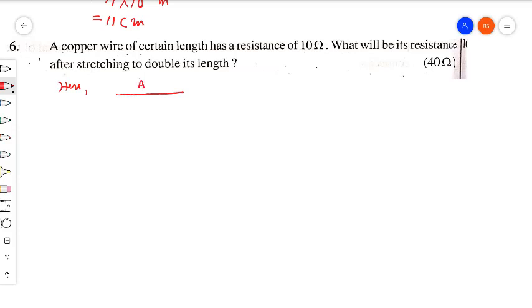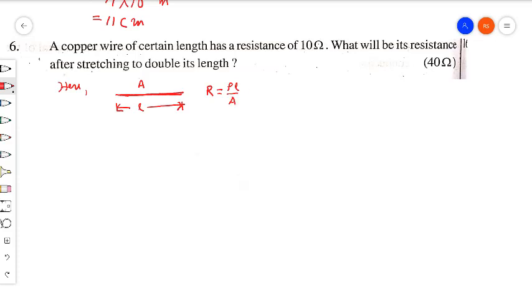Area of the copper wire is A and length L. So for a copper wire of length L and area of cross section A, the resistance is rho L divided by A.